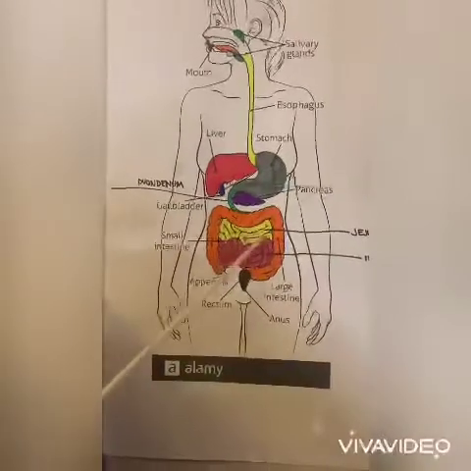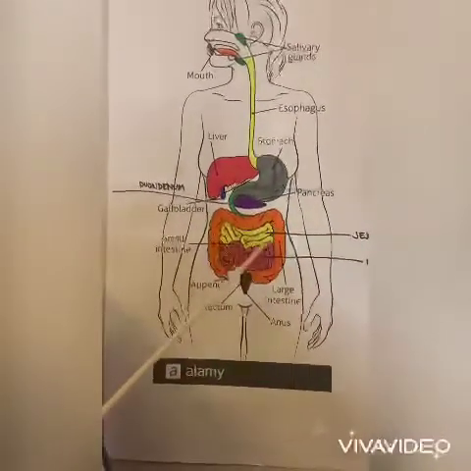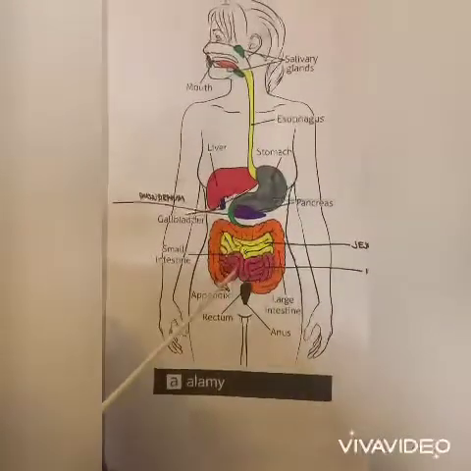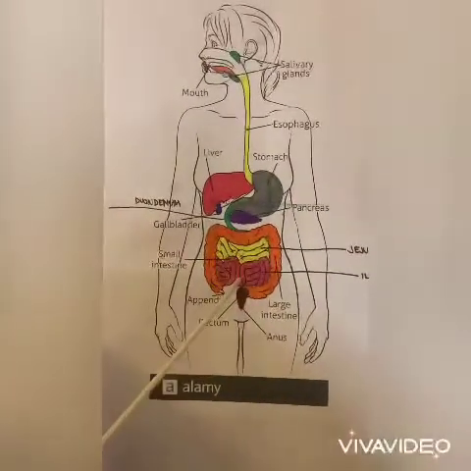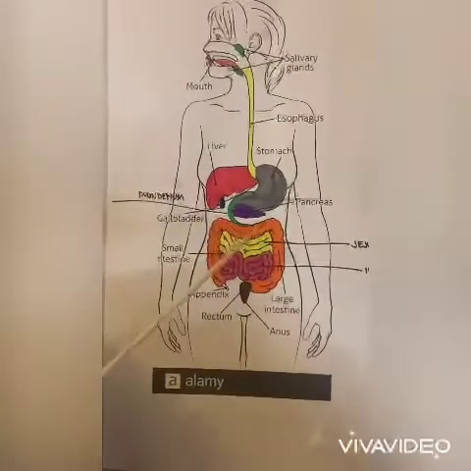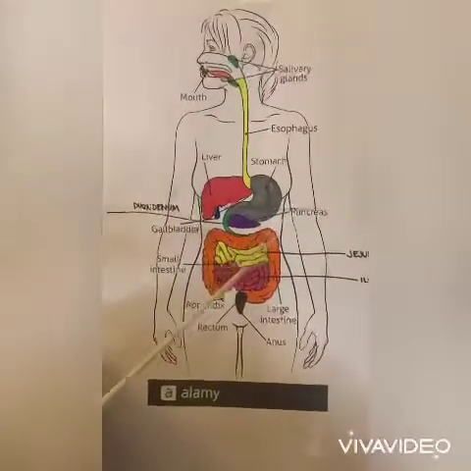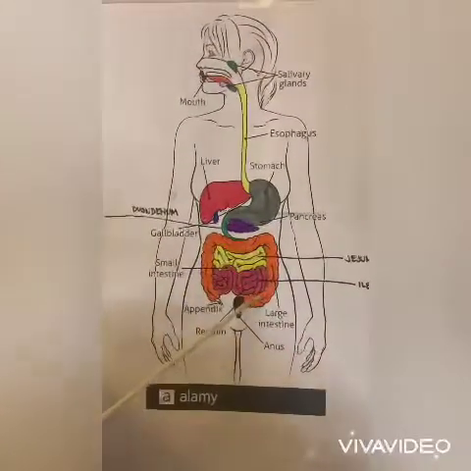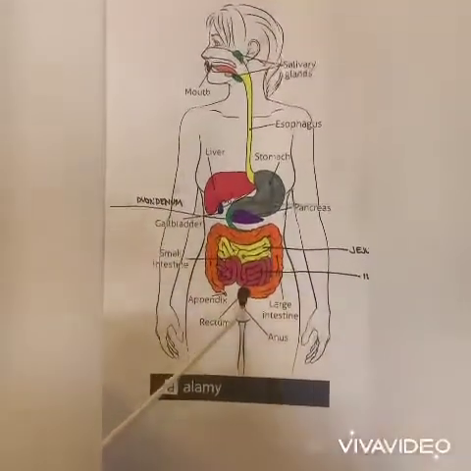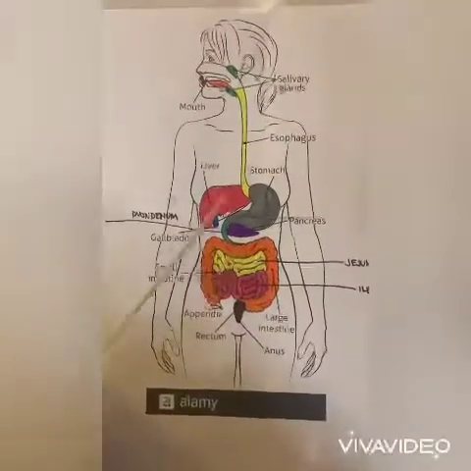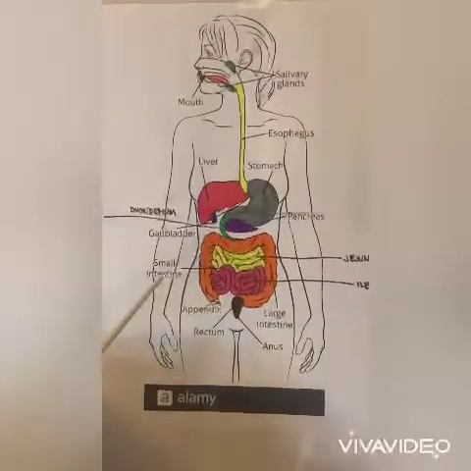And this is your jejunum, which is responsible for most of the digestion, and the ileum right here, which is the bottom portion of your small intestines. Your large intestines is responsible for the dehydration and compaction of indigestible materials in preparation for elimination out through the anus. So that is your major subdivision of the digestive tract.